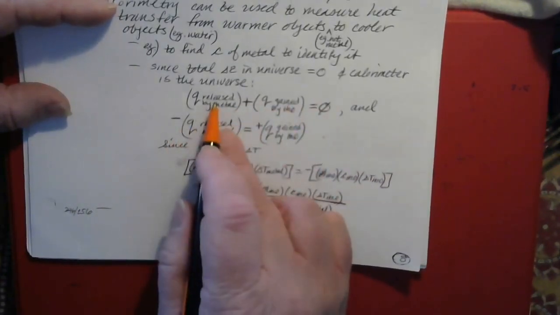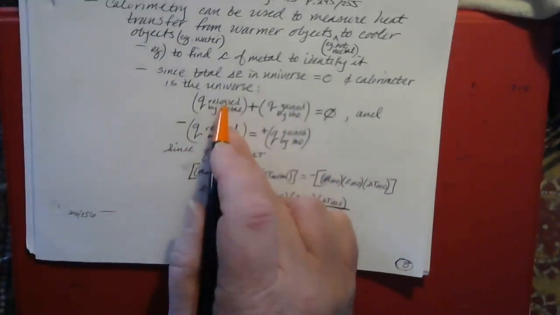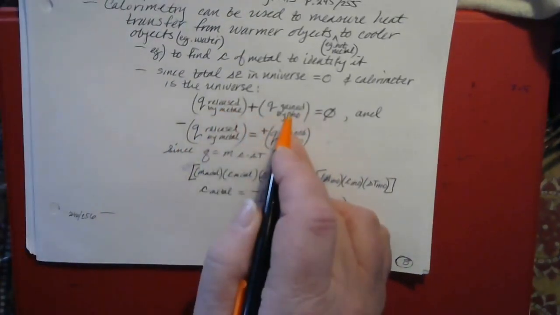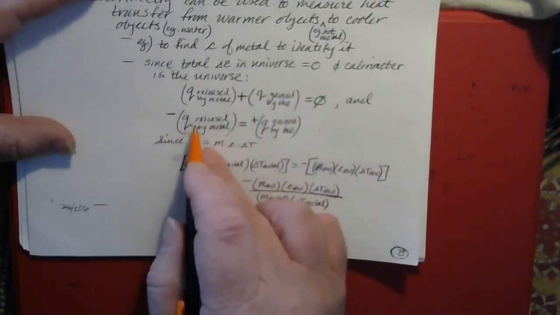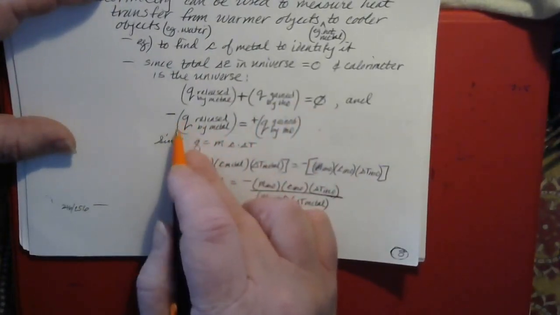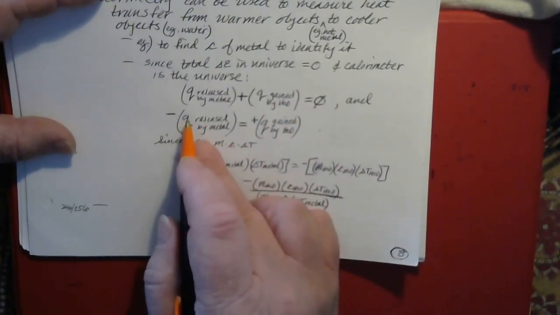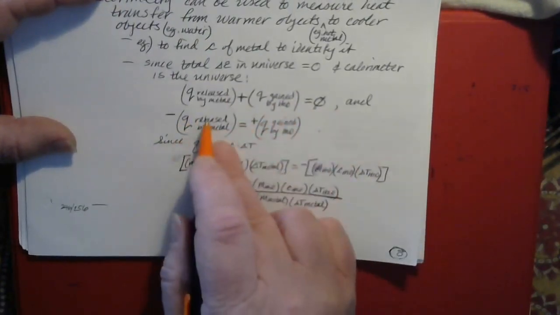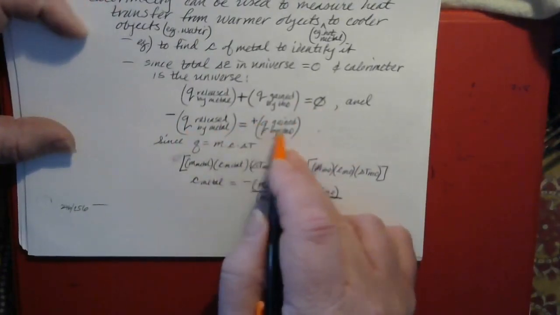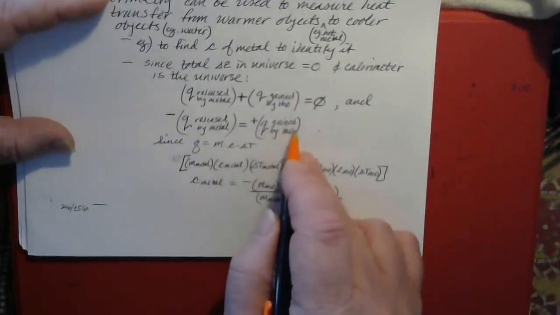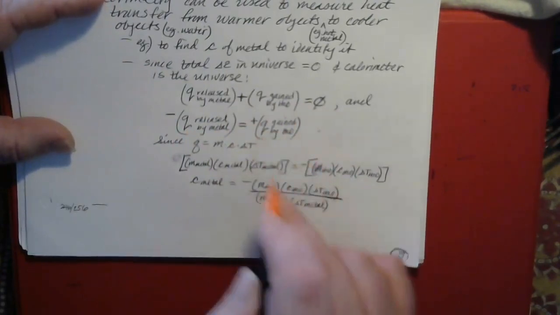So if the metal releases 500 joules of energy, then the water is gaining 500 joules of energy. So another way of saying that is the negative of the number of joules released by the metal would be equal to the positive of the number of joules gained by the water.